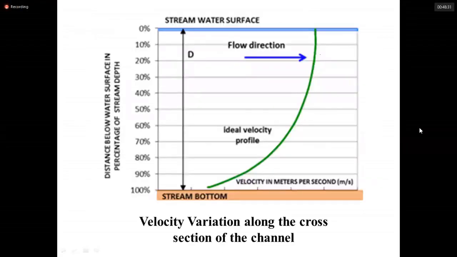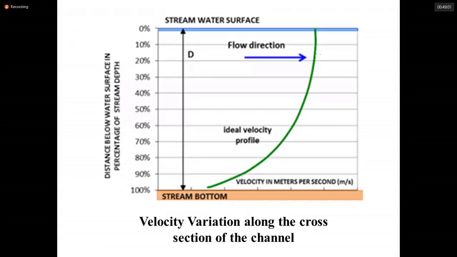So this is the velocity variation along the cross section of the channel. Here, this is the stream bottom and this is the surface of the stream. At the surface area, the velocity is very high. Your x-axis is velocity in meters per second and your y-axis is distance below water surface in percentage of stream depth.